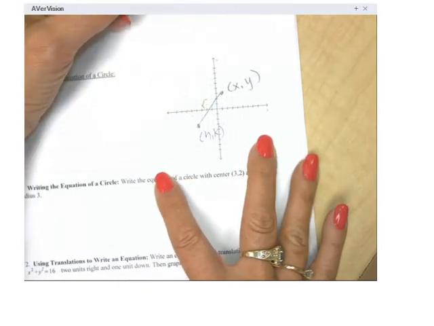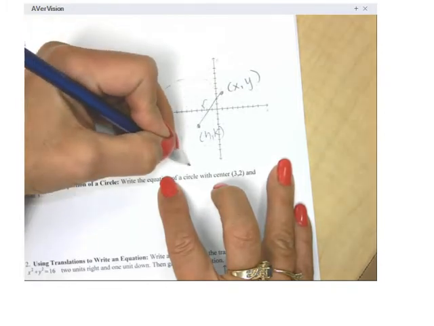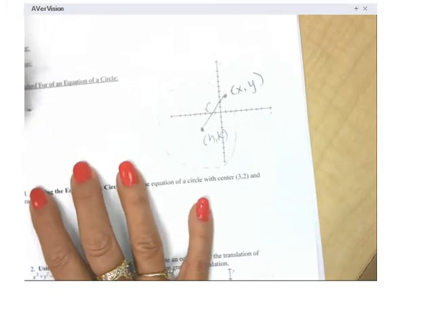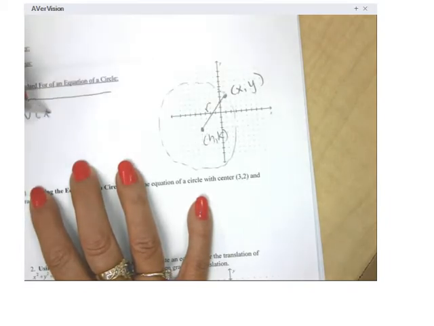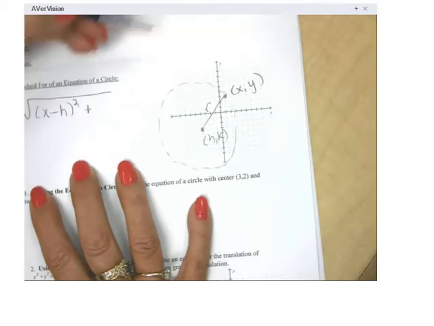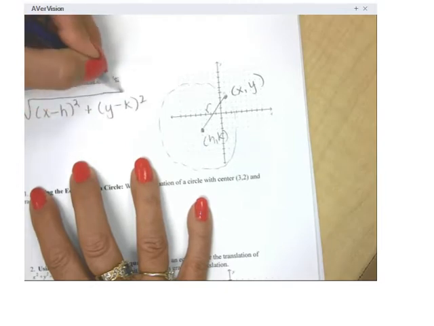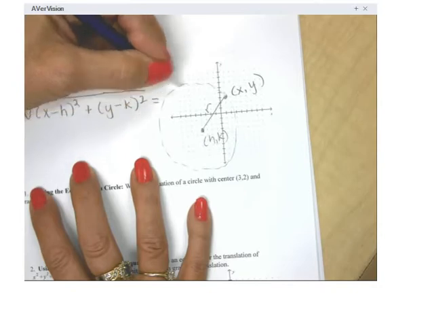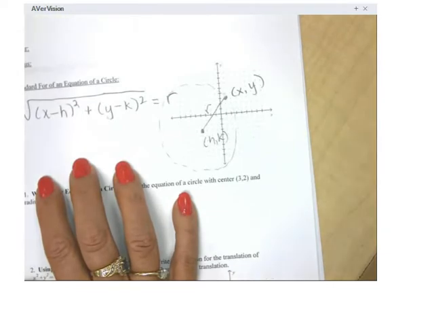And let's say that's just a generic (x, y) point. If I want to find the set of all points (x, y) that are the same distance away, my distance formula would say that the square root of the difference between these x-coordinates squared plus the difference between these y-coordinates squared would have to equal that distance, which is going to be r everywhere.